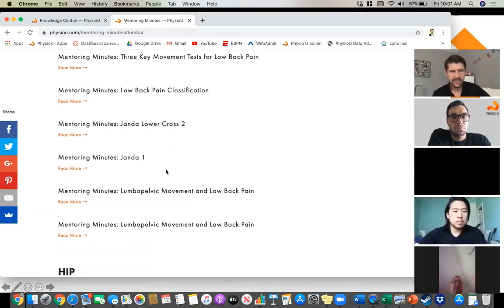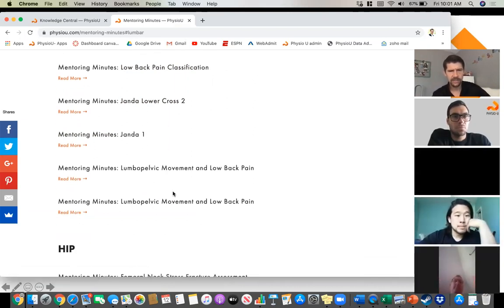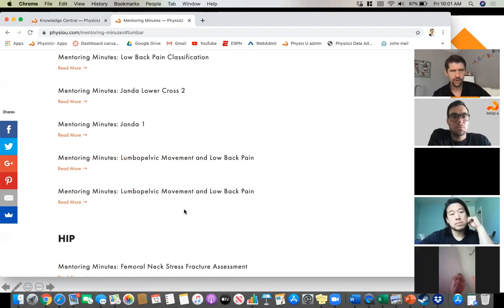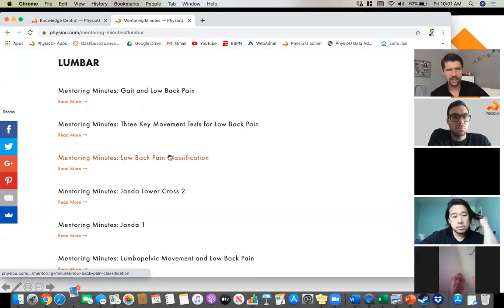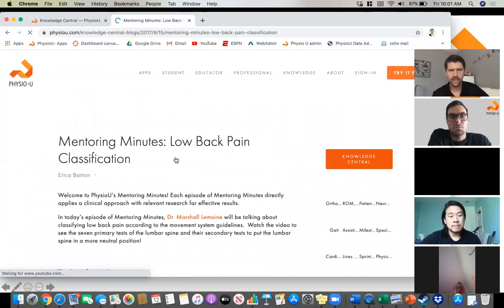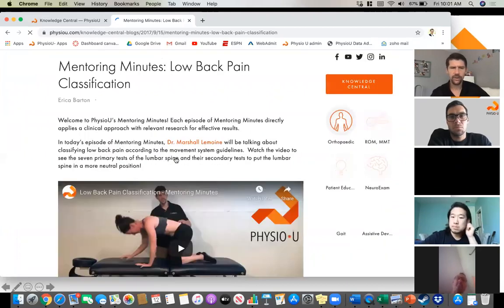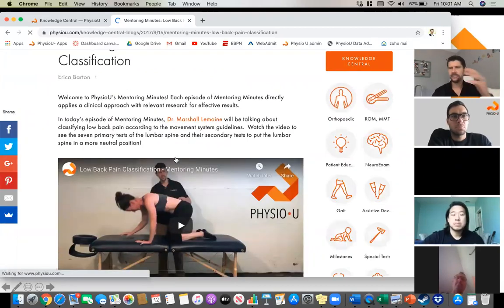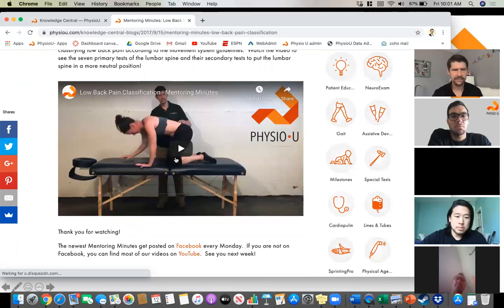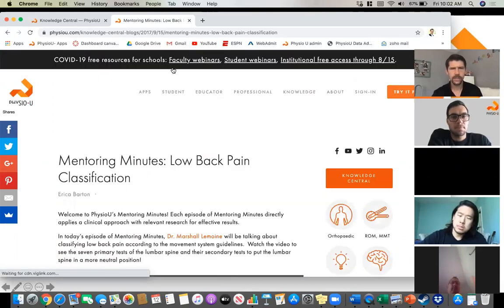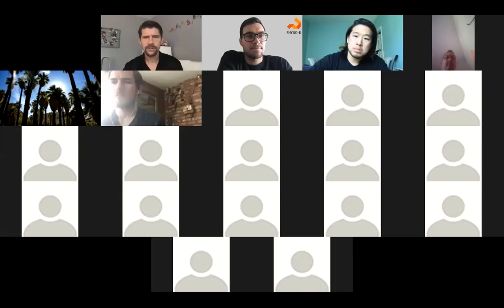There's also stuff on lumbar pelvic movement control, which is a coordination one. The one I would suggest is watching this low back classification, because it's a quick one that goes over how to differentiate mobility, coordination, radiating, and all that stuff.